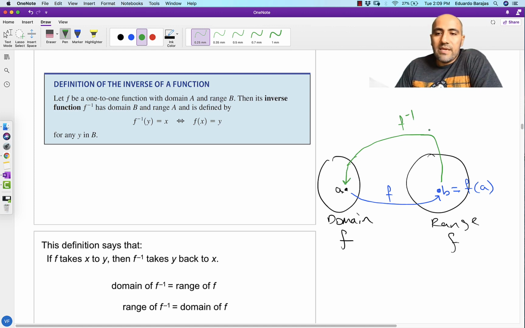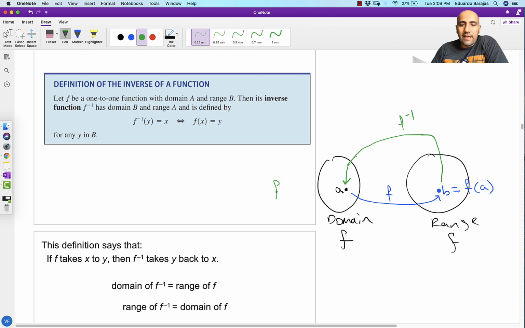So when we plug b into this function, we should get that f inverse of b is equal to a. Right? So bringing those together, we have that f of a equals b, and then it must be the case that f inverse of b equals a. Good. Okay, well that's what this is, except that here they're using x and y, and I think math uses x and y way too much, to a point where it starts to become a little bit confusing because we use it so much.